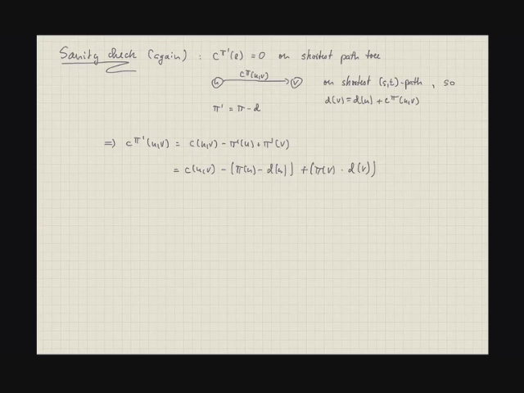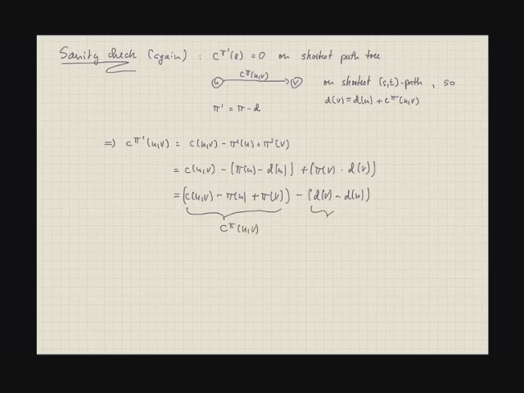Now I just have to reorder this summation here. So this is the cost from u to v minus pi of u plus pi of v. So that is one part, minus d of v plus d of u. And now this first part here is just the old reduced cost, so c_pi from u to v.